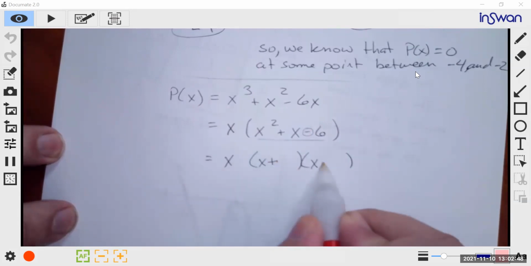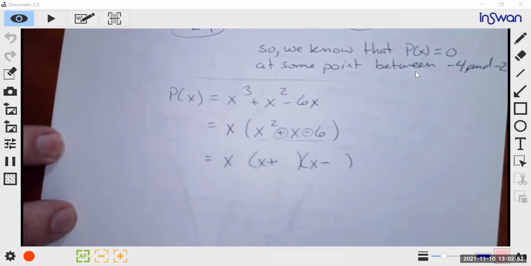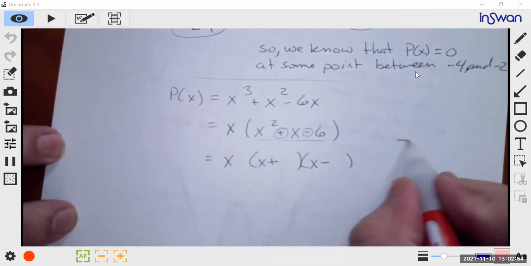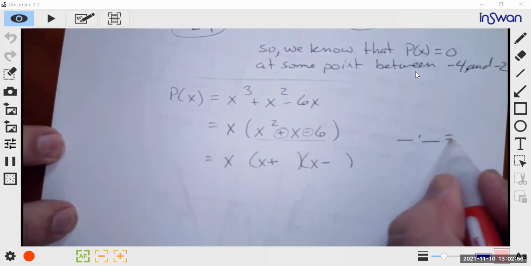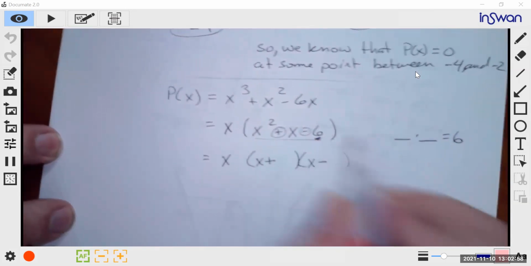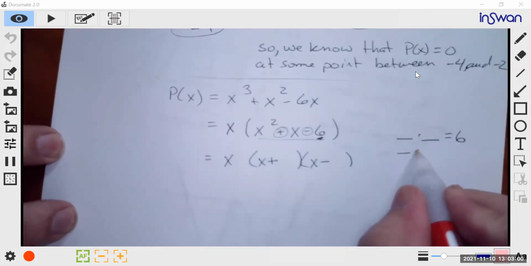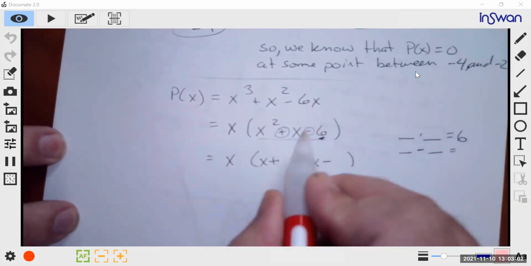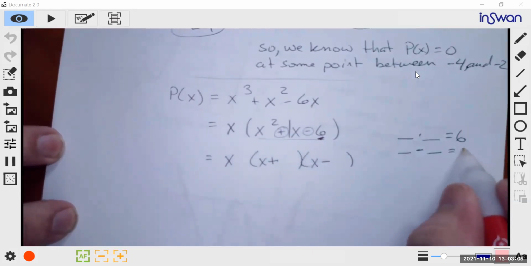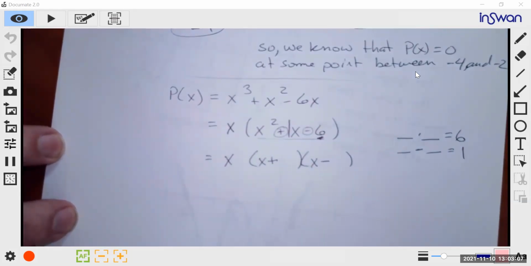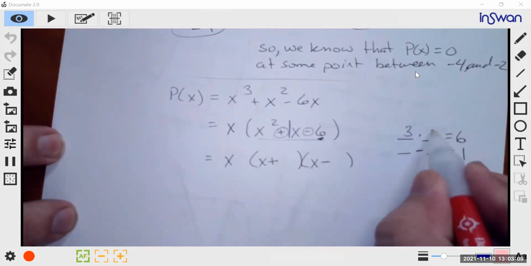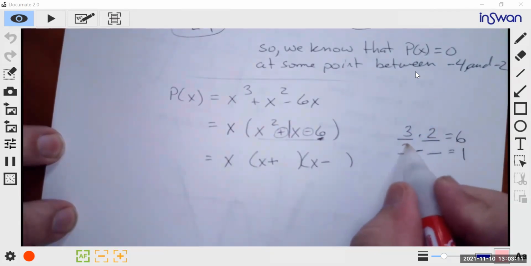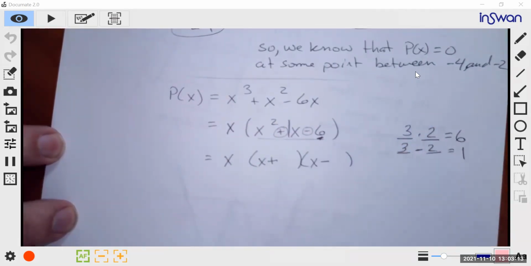One's positive, one's negative. And the bigger number gets the plus. What times what equals 6, when you subtract them, you equal 1? Three times 2, 3 minus 2.